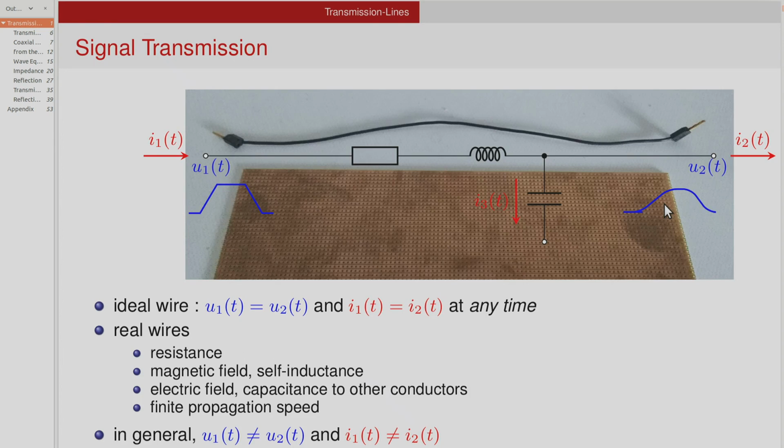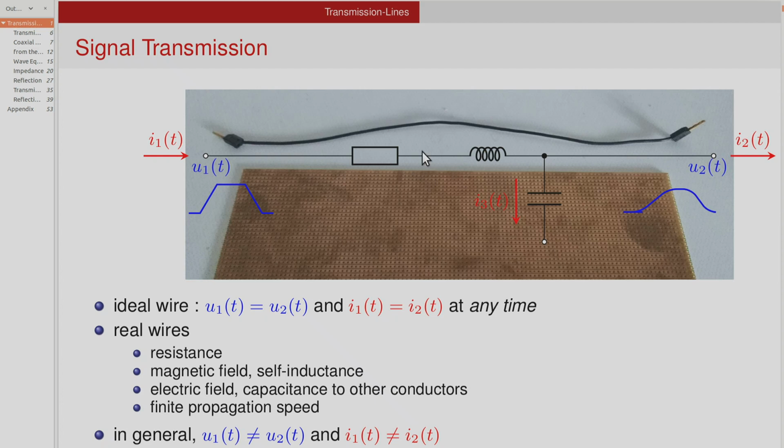Why is this? Because in real wires, you have other effects. You have a resistance in the wire, made of copper typically, so the current sees an ohmic resistance, and there will be a voltage drop along the wire. Then when there's a current flowing through this wire, there will be a magnetic field. When the current changes, the field changes, and this will induce a voltage again on the wire, which is symbolized by this inductance.